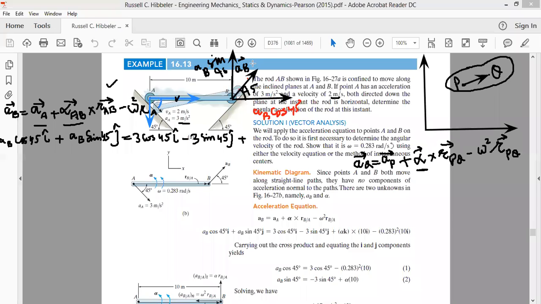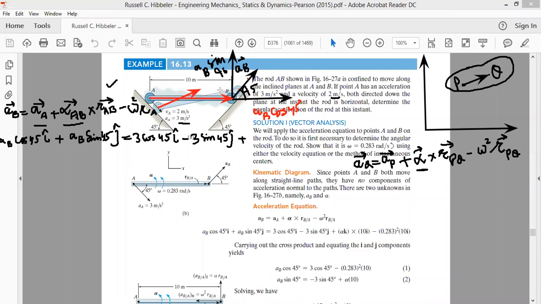Initially the vector AB was like this. Now, after some instant of time, point A will go down and point B will go up, and the vector AB will now be in this direction.